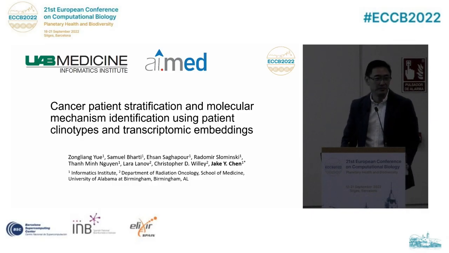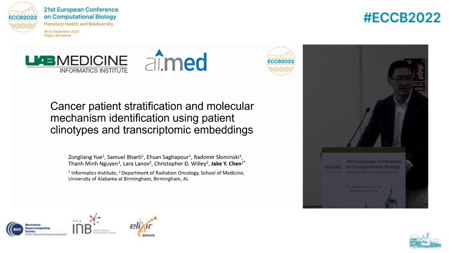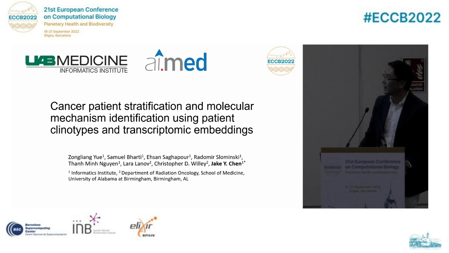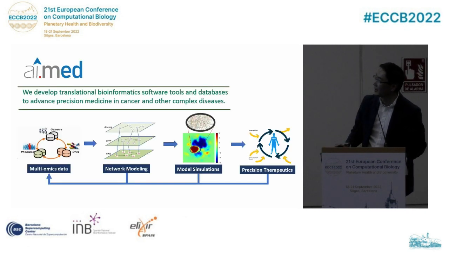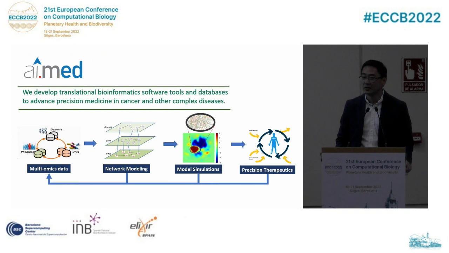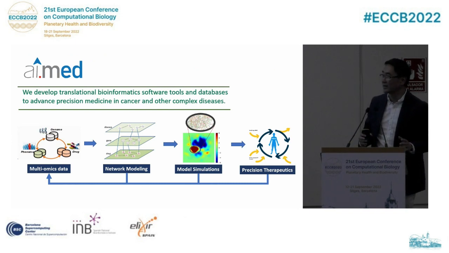My student couldn't be here, but this is the work over the summer, plus some discussions in something that I organized called the Data Science Hackathon. What we are really trying to do in the lab overall is to take multiple omics data and connect it to precision medicine.